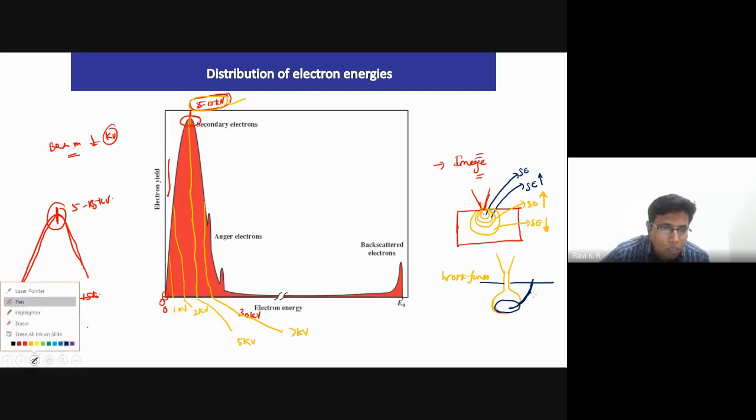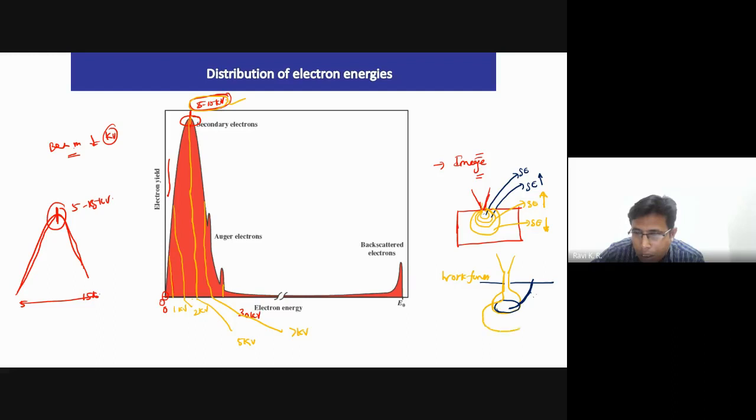But further, let's say you increase the voltage somewhere here. The interaction volume will be like this. From here also electrons will be coming, but they may not be able to escape through the surface. So that is the reason that, initially, as a function of voltage you start seeing an increase.